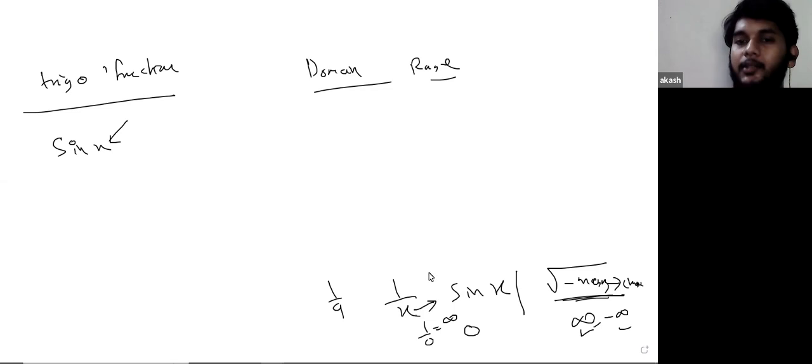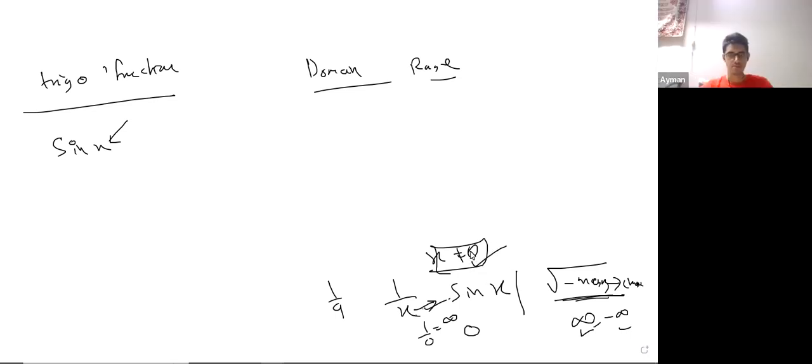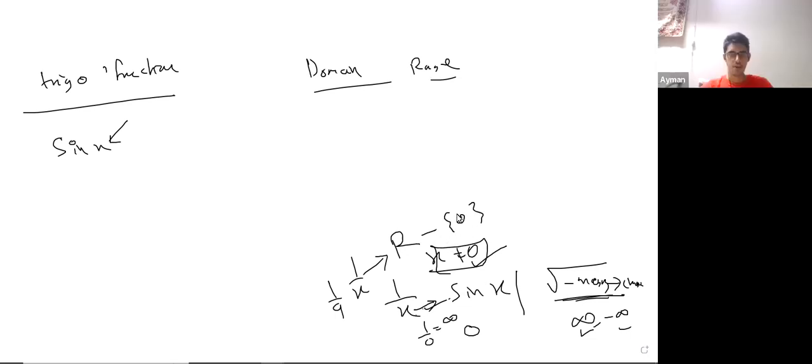So we cannot put x equals 0 ever. So domain cannot include x equals 0. Rest of the numbers are good. So we can put any real value except 0. So domain of 1 upon x will be all real numbers except 0. This thing is clear, right?